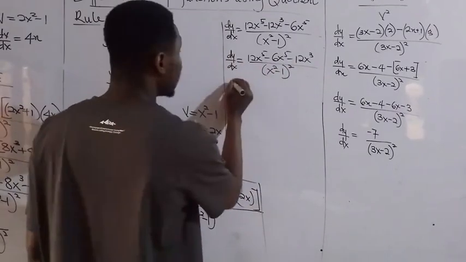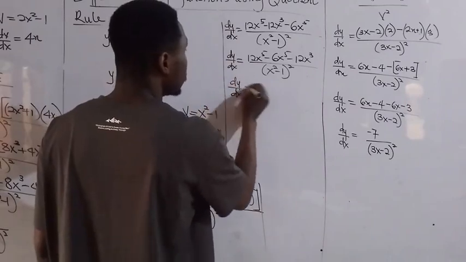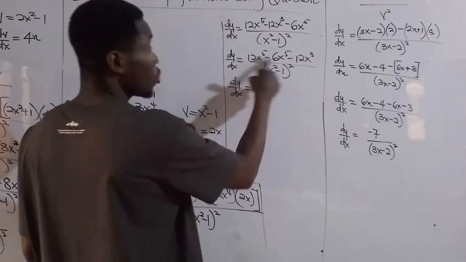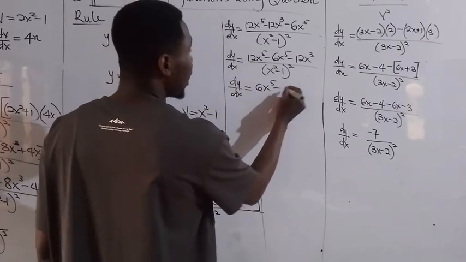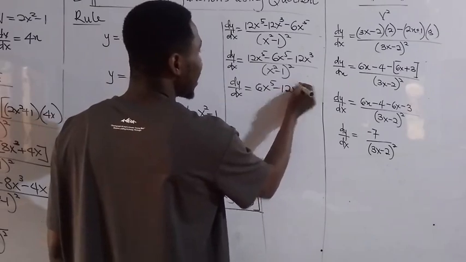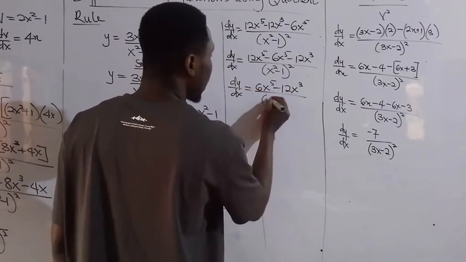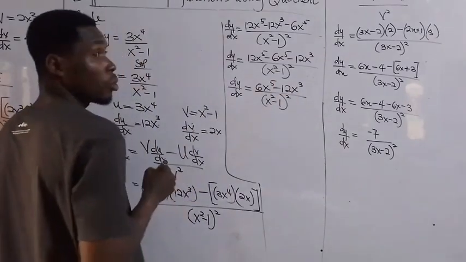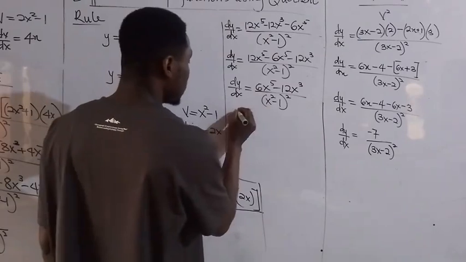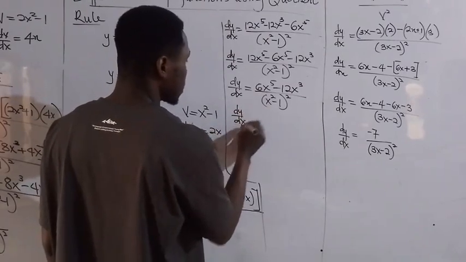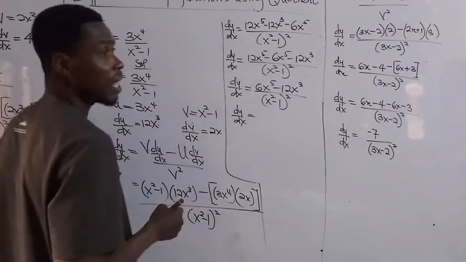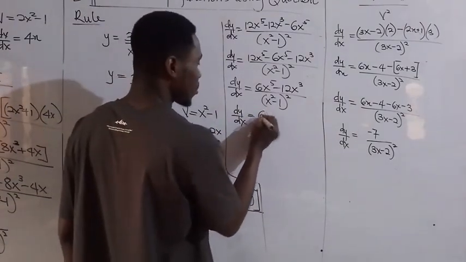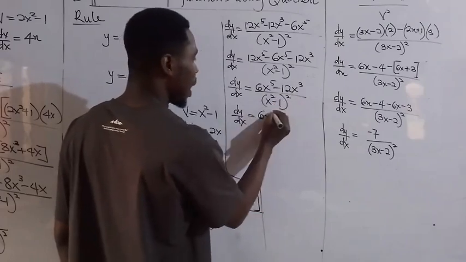So our dy over dx will be equal to, this will give us what? 6x to the 5th power, because when you do the subtraction, you will get this, minus 12x to the 3rd power all over x squared minus 1 all squared. So what we have, our dy dx, we can't leave it like this. We need to simplify, make it look attractive. So we can pull 6x to the third power out.